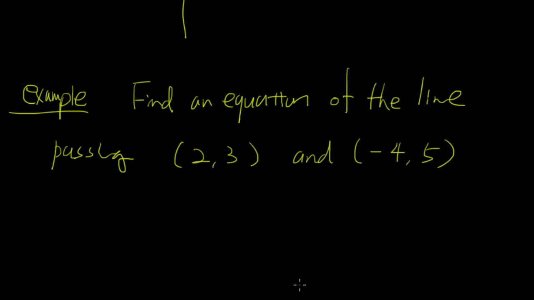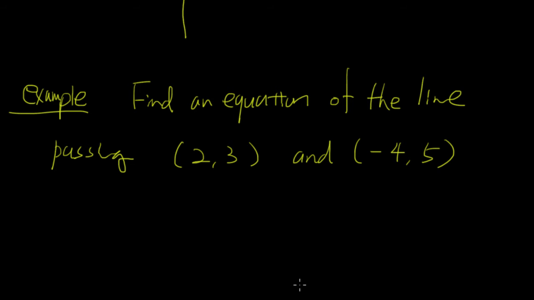Now, remember the point slope form, and I also told you before that it's one of the most popular forms, most often used, because in many cases, if you want to find the line equation, you have to use point slope form in one way or another, right?